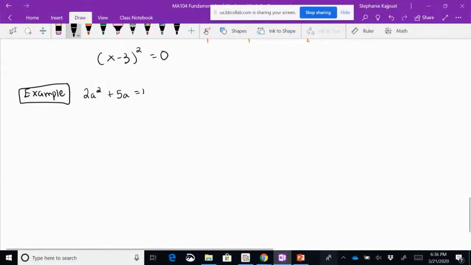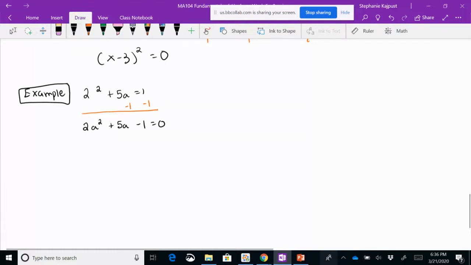So keep in mind when you have a quadratic, you have to have it equals to 0. This is not equal to 0, so we have to subtract 1 from both sides first. So I have to get one side equal to 0 by subtracting 1, so that I have 2a squared plus 5a minus 1 equal to 0. Once it's equal to 0, then you can use the quadratic formula.